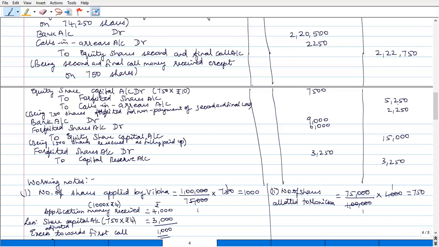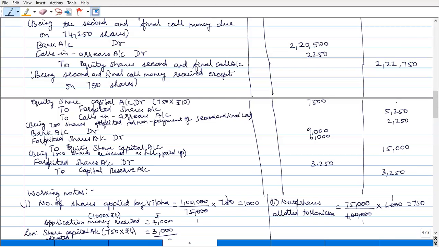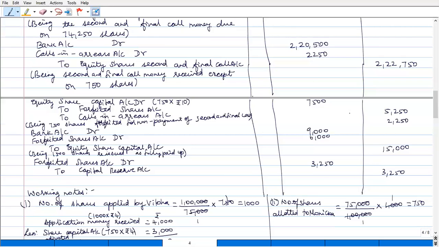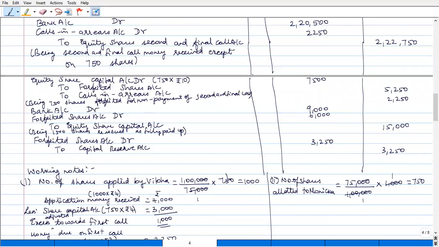Here in this forfeiture 5,250, and in the previous forfeiture rupees 4,000. So totally 9,250 rupees are there in the forfeited shares account, and we have taken 6,000 to compensate the loss on reissue. So balance 3,250 rupees, which is actually a gain for the company, is transferred to capital reserve account. So mention being the gain on reissue transferred to capital reserve.